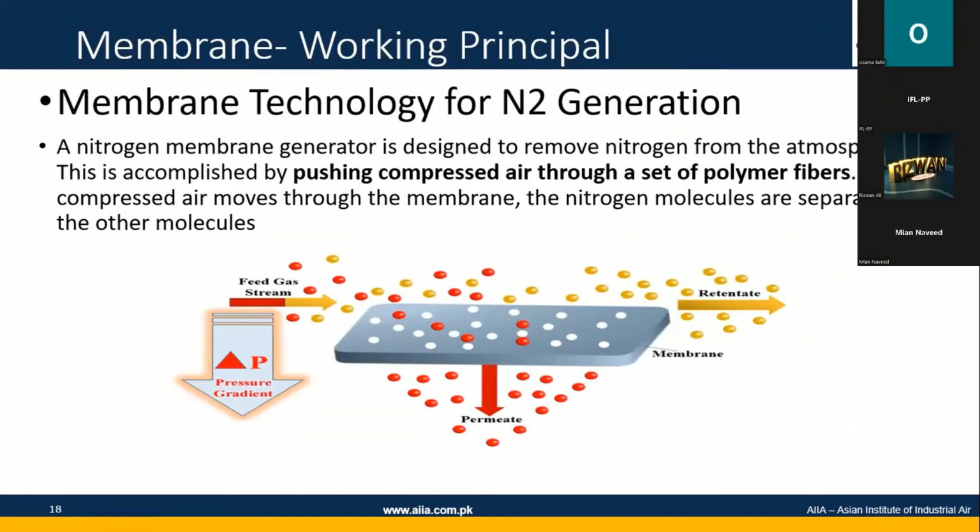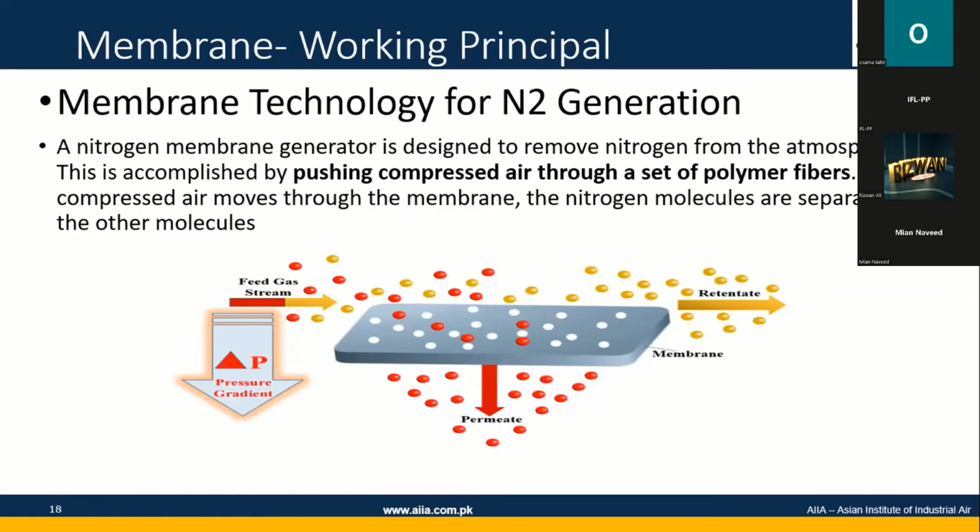But then there is another technology which is called membrane technology. The membrane technology basically works on the same principle, right? You have to push the compressed air through a set of polymer fibers instead of the carbon molecular sieves. As the compressed air moves through the membrane, the molecules of nitrogen are separated from the other molecules.